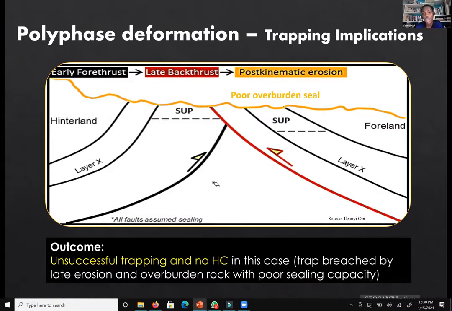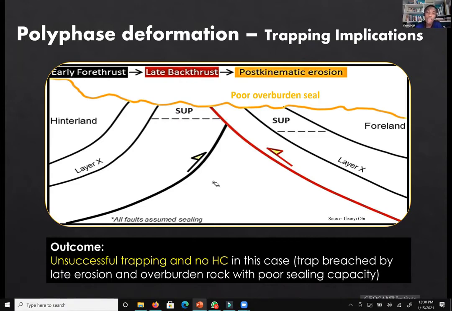And then eventually we had a post-kinematic erosion and layering of a body material, which we see says poor overburden seal. So if you keep this picture in mind, you see that we have a number of sub-unconformity plays generated. If you look at the outcome, it tells us that we have an unsuccessful trapping configuration, mainly because of the erosion that came in and changed the whole story.